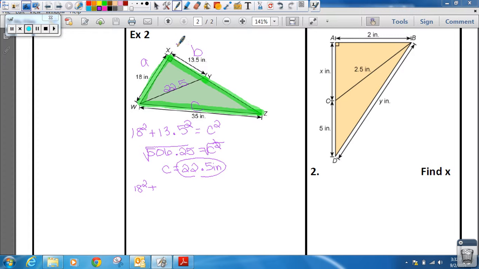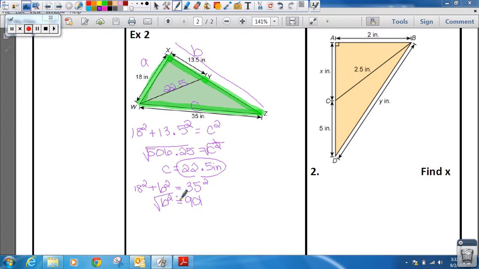So that doesn't help me because the total length of B goes from clear to X to Z. So that's my unknown. So I leave it as B squared is equal to C squared of 35 squared. So in order to do this, I would subtract the 18 squared. 35 squared minus 18 squared gives me 901.